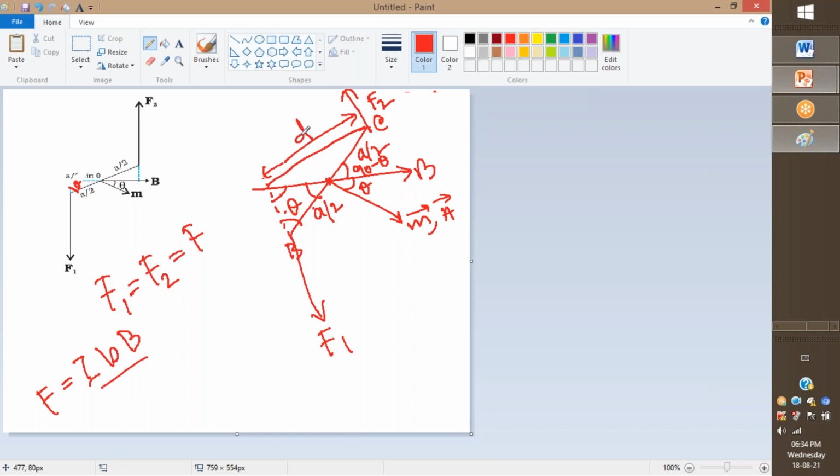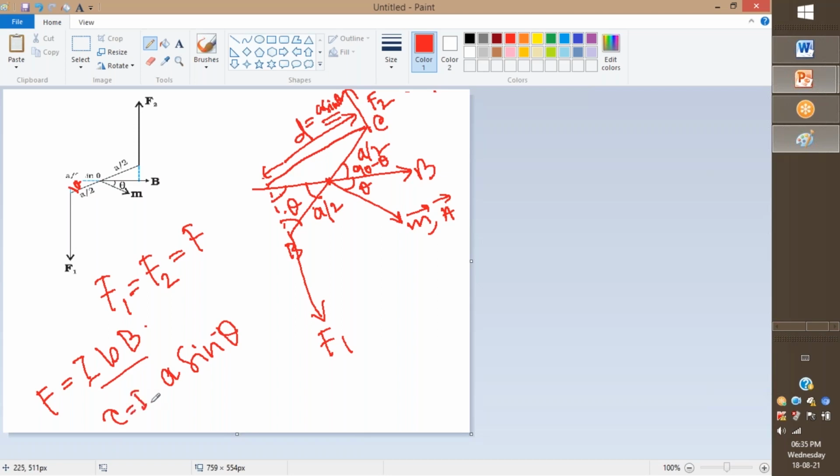If this is theta and this is a 90 degree angle, you will get this part as a sine theta. You can see this geometry and check whether you are getting the perpendicular distance between F1 and F2 as a sine theta.